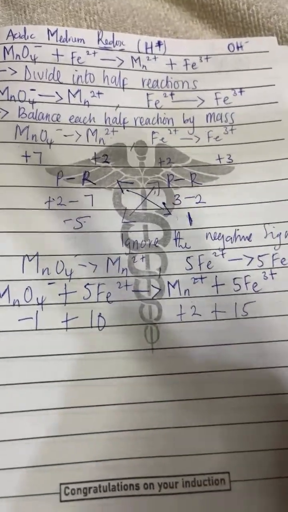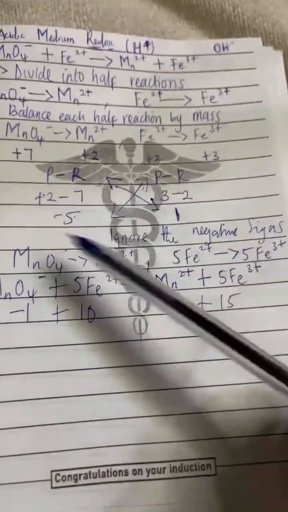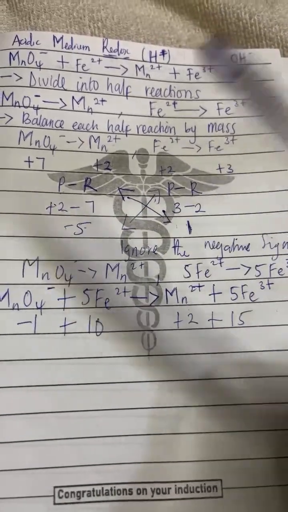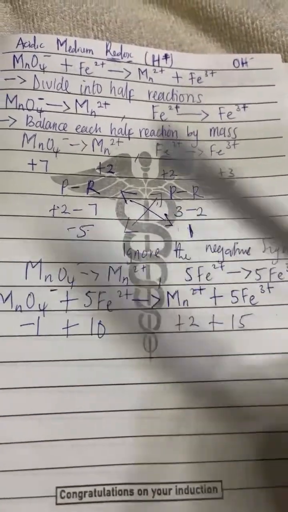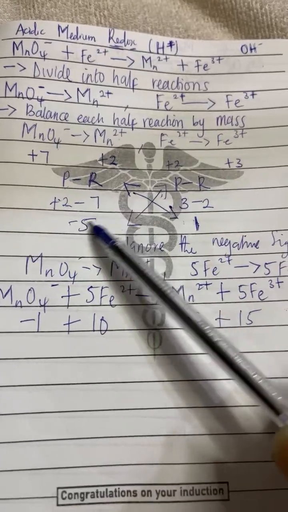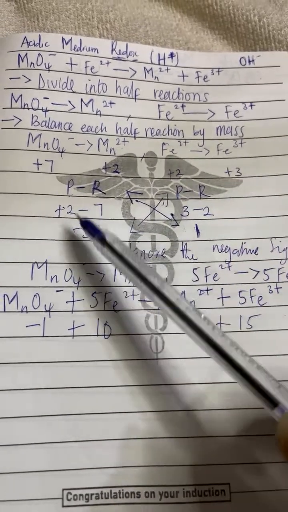If you are using the other method, the electron transfer method, you still do these things I'm doing here, but you don't really need that to cancel the electrons. You don't need the stress of the electron transfer method. This one is faster. You use this -5 to multiply this other side, ignoring the negative sign.